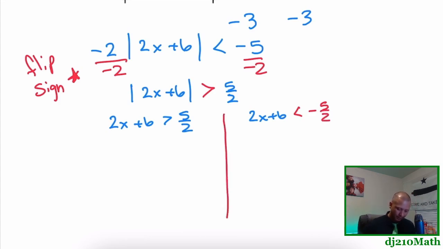Okay, left-hand side. I'm subtracting 6. This is where fractions, you got to be nice at fractions. Okay, we're going to need a common denominator. So 2x is greater than.